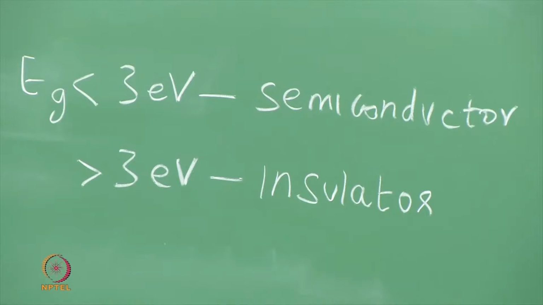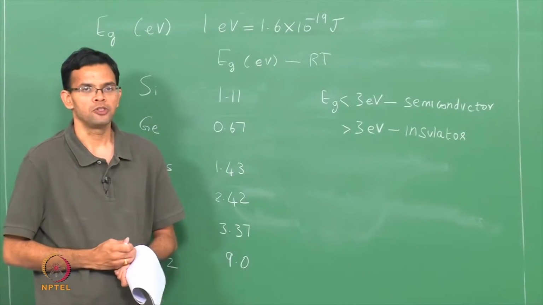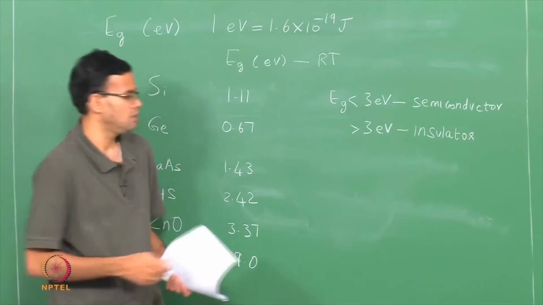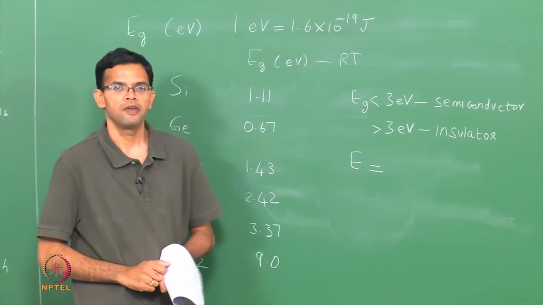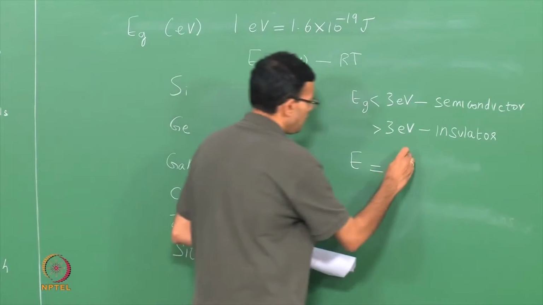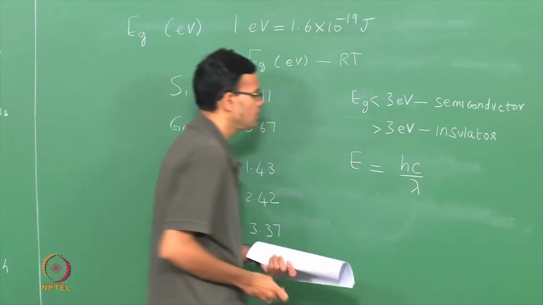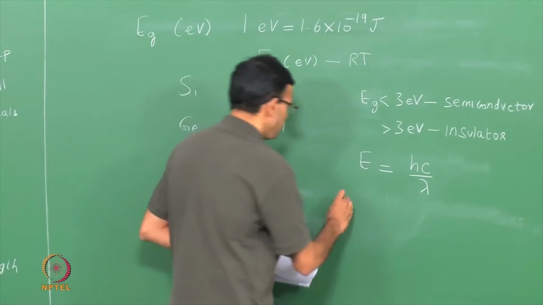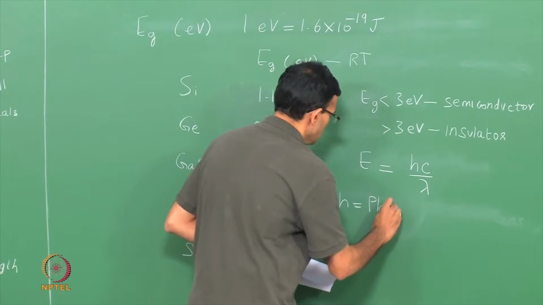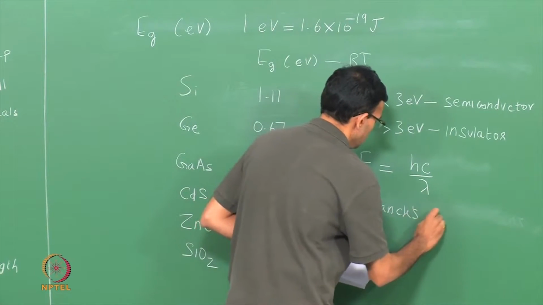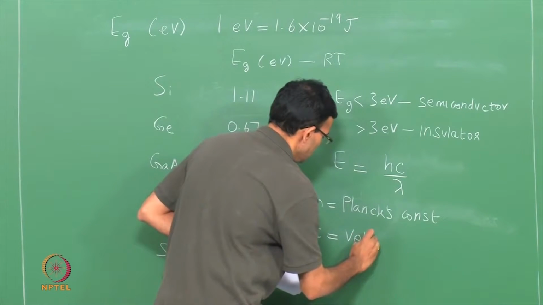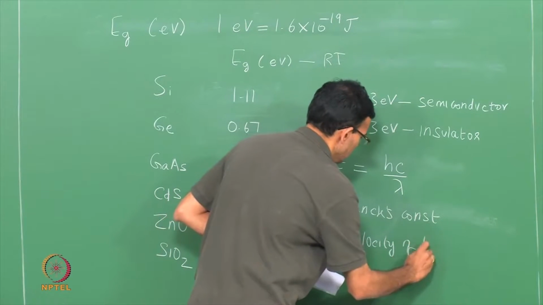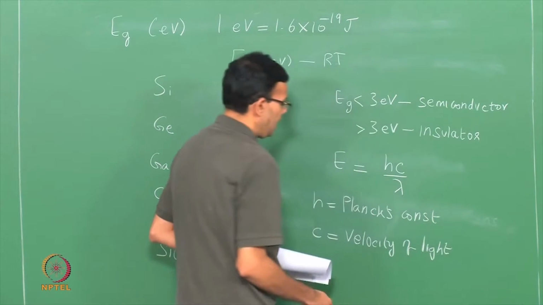Now, this is not a very rigorous separation. The 3 electron volts comes out because 3 electron volts corresponds to the end of the visible region. For example, if you want to convert energy into wavelength, in the case of electromagnetic radiation, E is nothing but hc over lambda, where h is the Planck's constant, c is the velocity of light, and lambda is the wavelength.